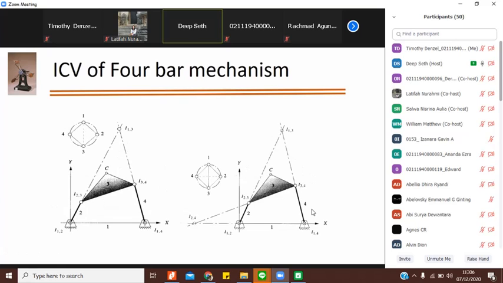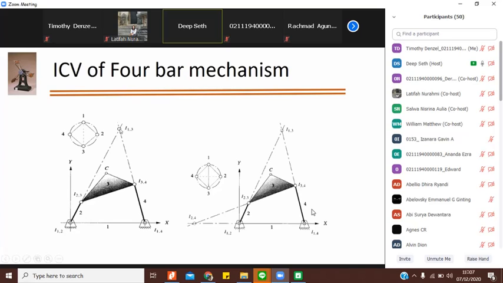Now, if you want to find out, okay, I want to find how link 3 will rotate with respect to link 1. Okay, how link 3 is rotating with respect to 1, means basically I want to find the ICV of link 3 with respect to 1.